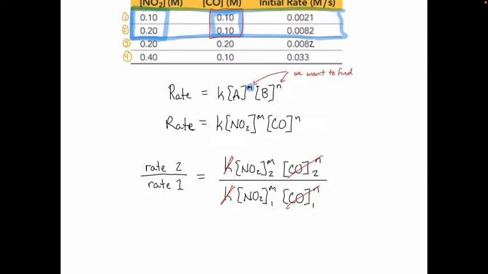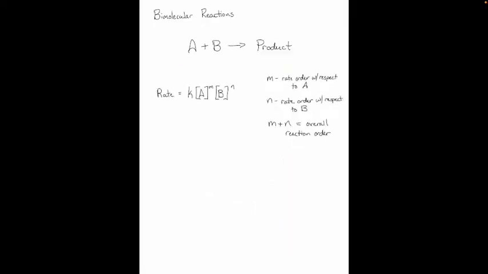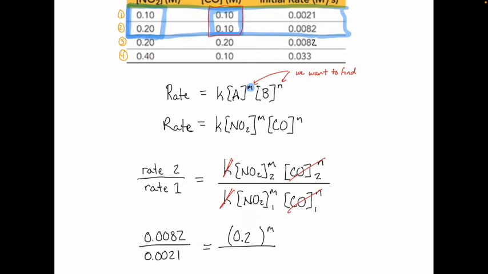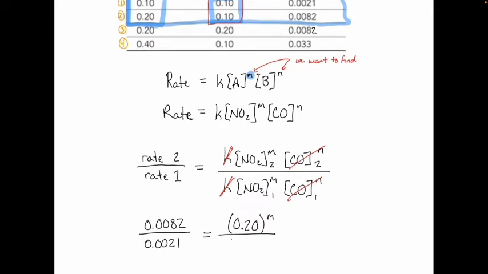So now I can just plug in my numbers. The rate of the second data point divided by the rate of the first data point equals the concentration of the nitrogen dioxide to the power of m, over the concentration at my first data point.